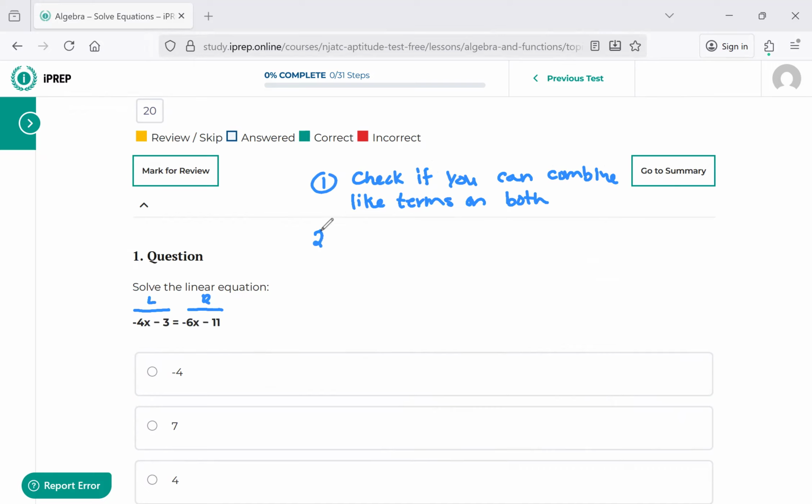Step two, then what you want to do is get all the variables, meaning the letters, on one side.